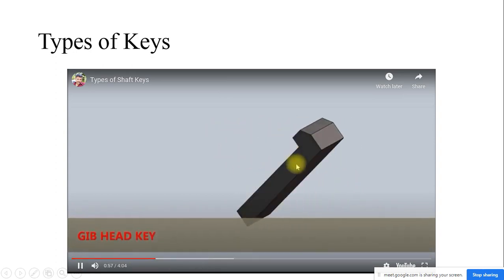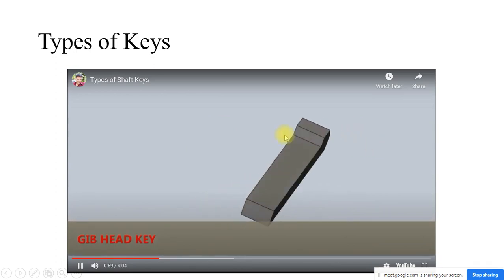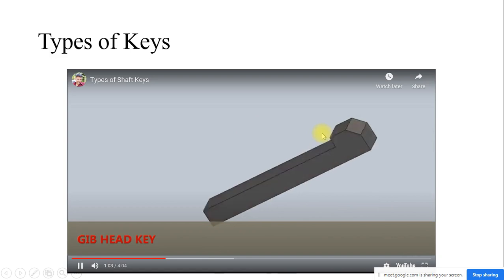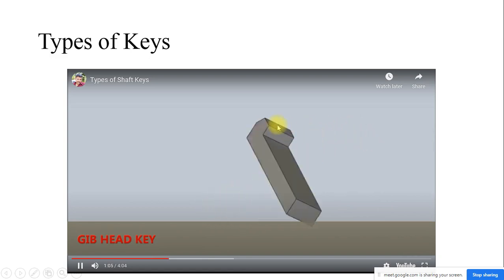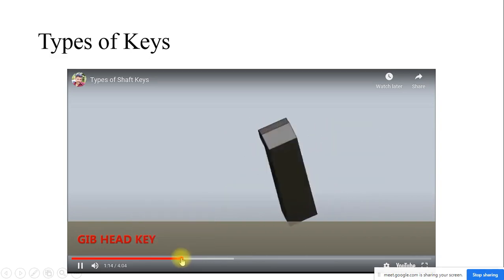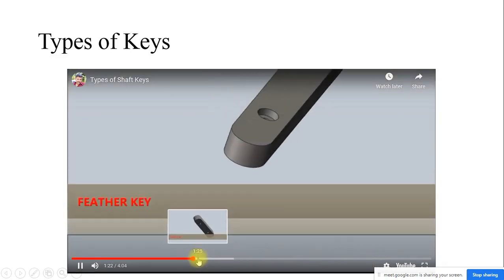As I told you earlier, you can see this is a jib head. You can see the extra provision which is available here. This extra provision is given along with the key in order to insert the key properly and remove the key properly, because we should not damage the key whenever it has been fixed.